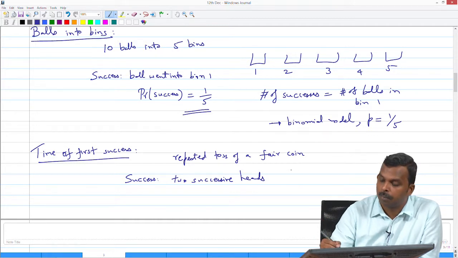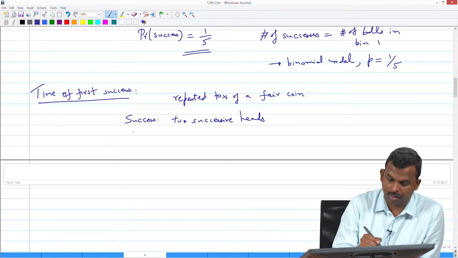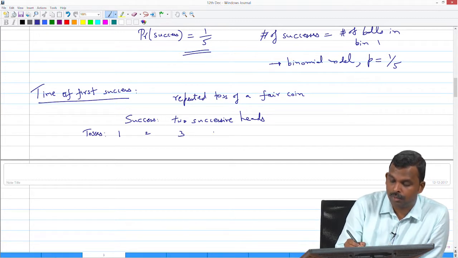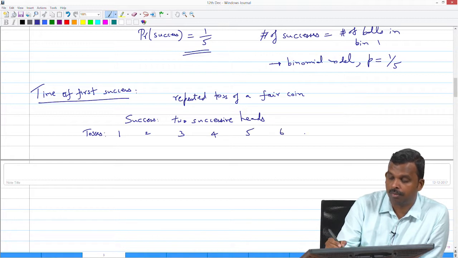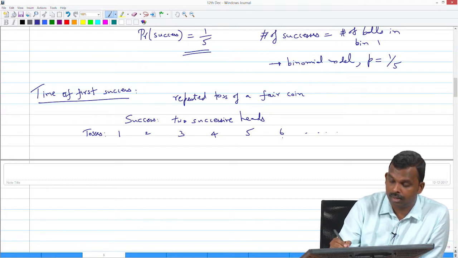So, for instance, you are tossing a coin, and let us say you have your sequence of tosses: the first toss, second toss, third toss, fourth toss, fifth toss and so on. So, you will have a sequence of heads or tails.